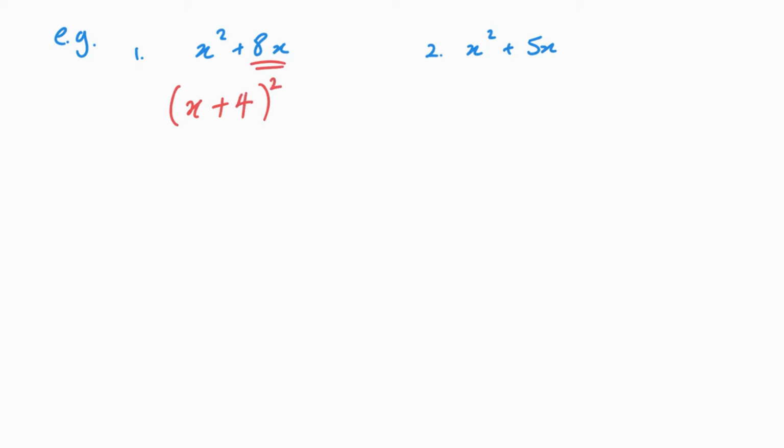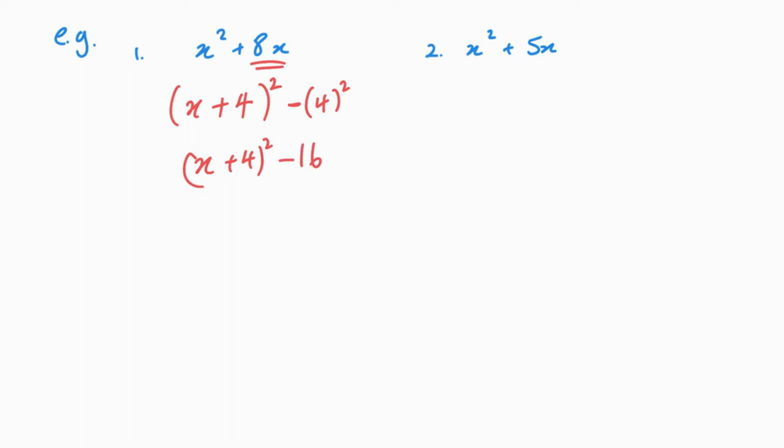Then I always have to remember that when I expand this, I get x squared, I get my 8x, but I also end up with 16. So I need to subtract that 4 squared. This leaves me with x plus 4 squared minus 16.